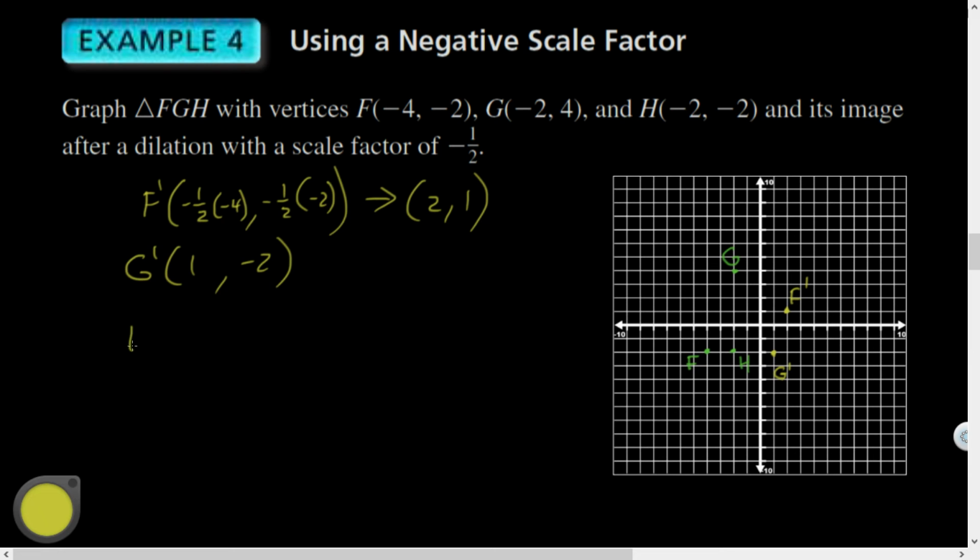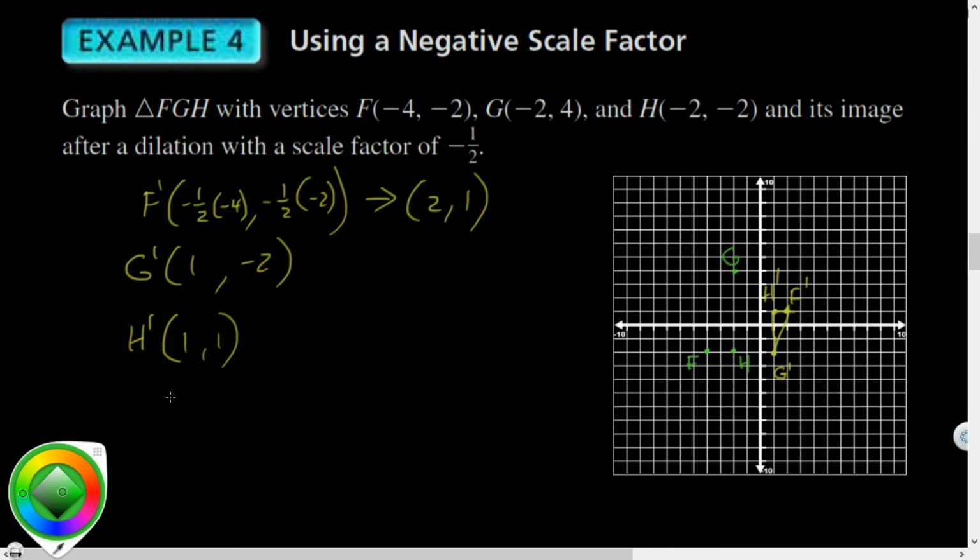And H prime, negative half of both of those, will be at (1, 1). So yeah, I get a right triangle that is smaller and is in the opposite direction because of the negative.